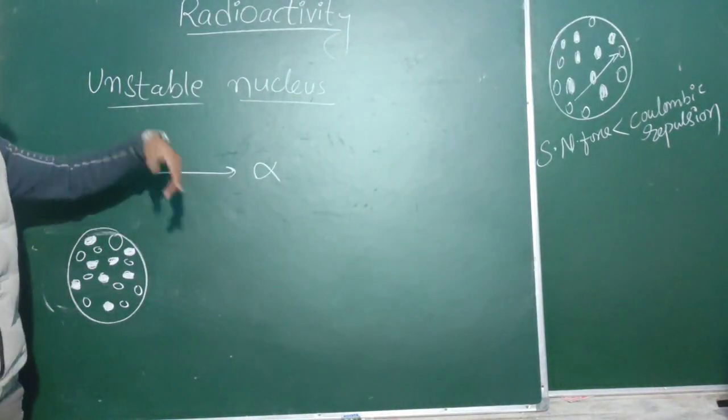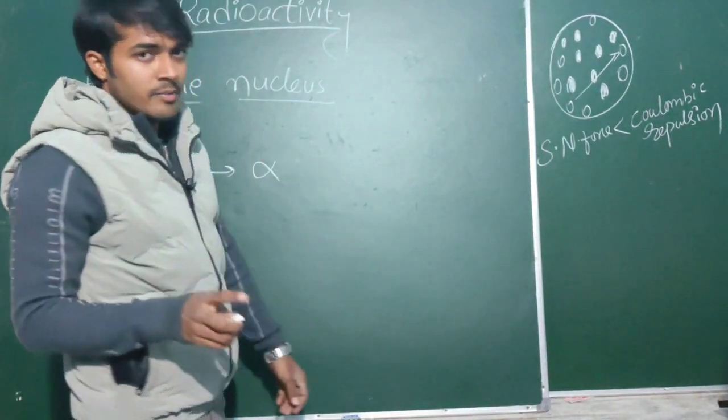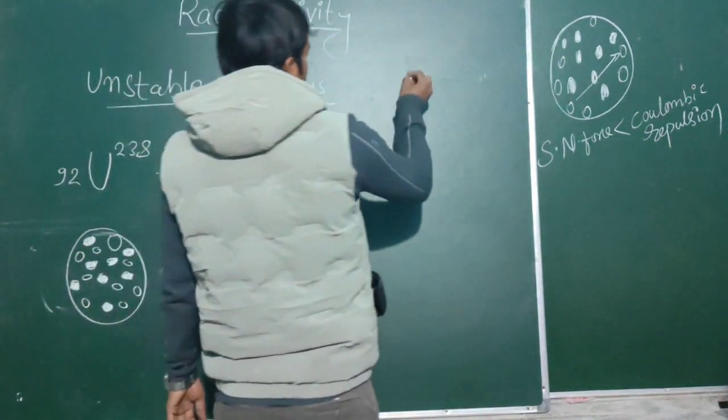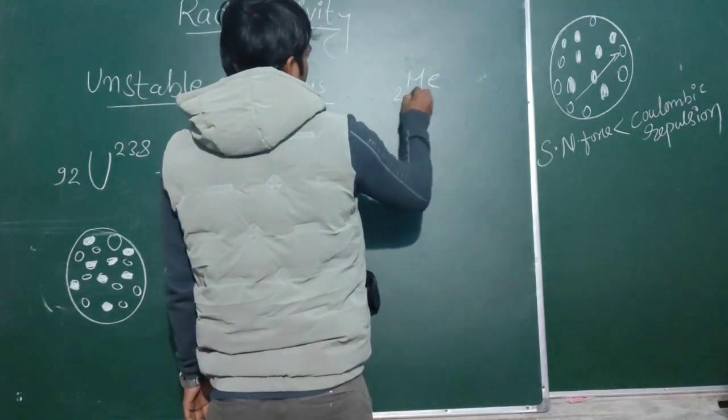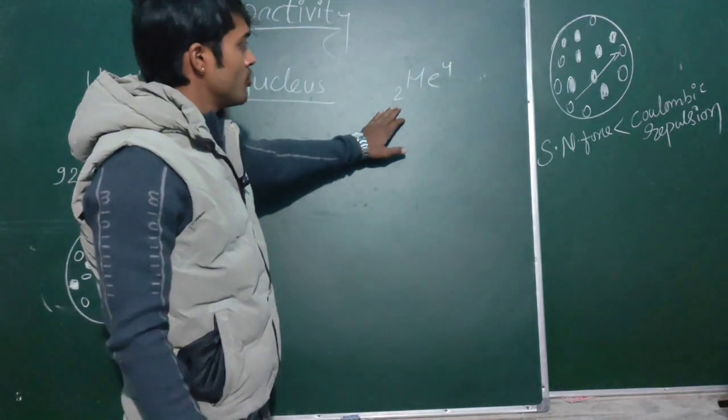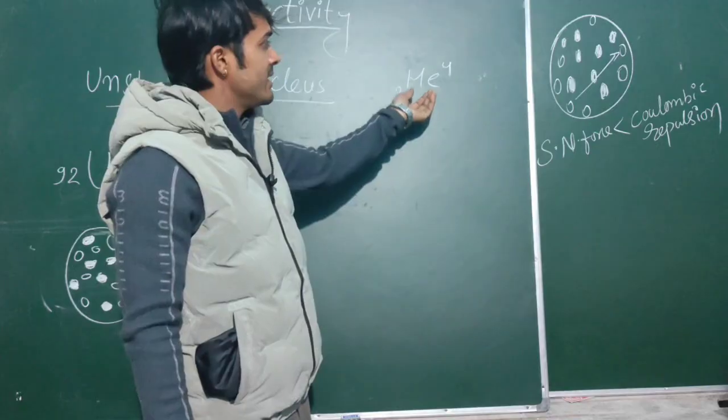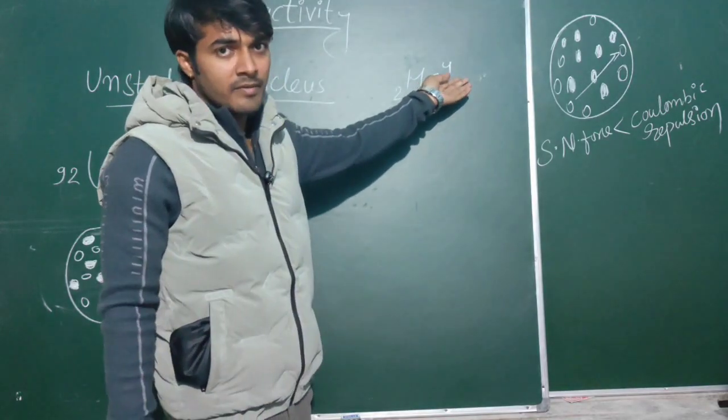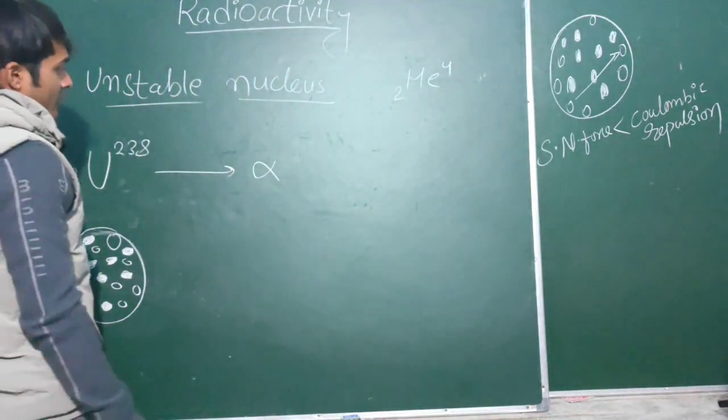So what is an alpha particle? We earlier discussed that an alpha particle is nothing but a helium nucleus, possessing two protons, two positive charges, and two neutrons, resulting in a weight of 4 AMU.